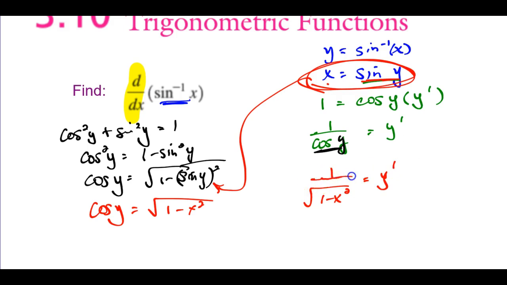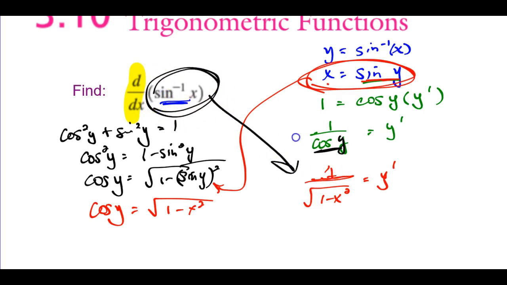I don't want you to spend time doing that in the future. I would prefer that you memorize that the derivative of sine inverse is 1 over the square root of 1 minus x squared, because we don't have time to do that every time I ask for the derivative of sine inverse. Of course, next I'm going to ask for the derivative of cosine inverse.